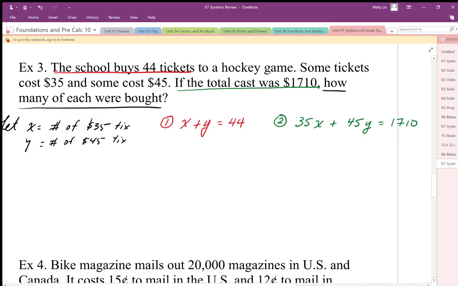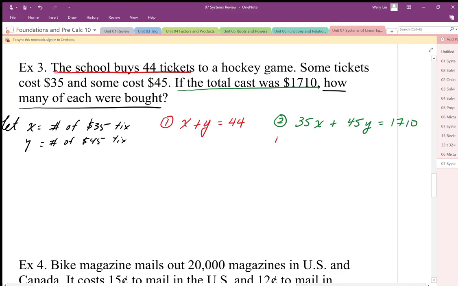Once we've established the two variables and the two relationships, we can go ahead and solve this by either elimination or addition subtraction. So why don't we multiply here.